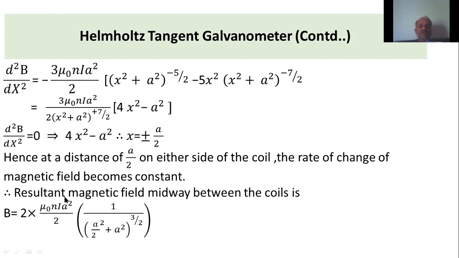So my resultant magnetic field midway between the coils is B equal to 2 times, since if only one coil were there, this 2 would not be there. As there are two coils, 2 is multiplied here, and it is μ0 n I a² by 2, and 1 divided by (x² + a²) raised to 3/2, where in place of x² I substitute a²/4.